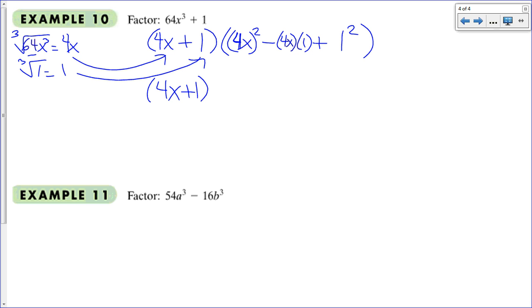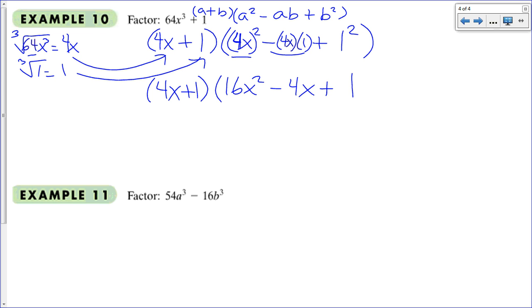And all I'm doing is following this formula. A squared minus AB plus B squared times A plus B. Okay, so 4x squared, that will be 16x squared. Negative 4x times 1 is minus 4x. And then 1 squared is just 1.